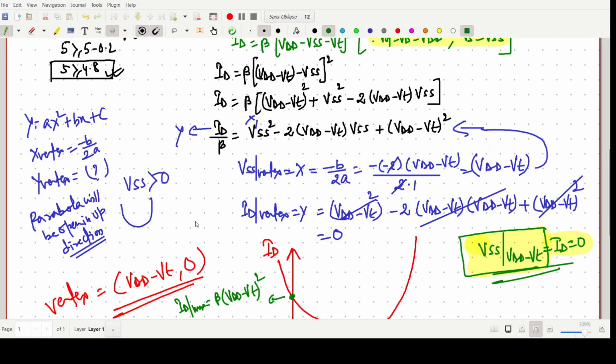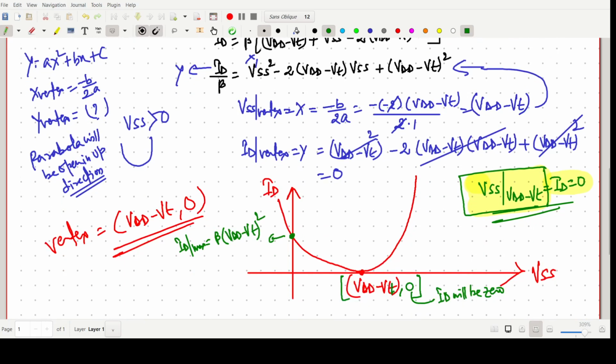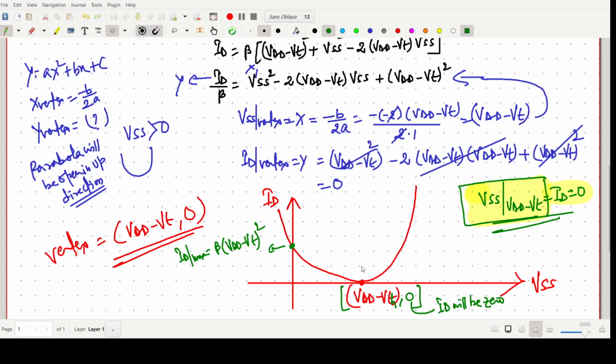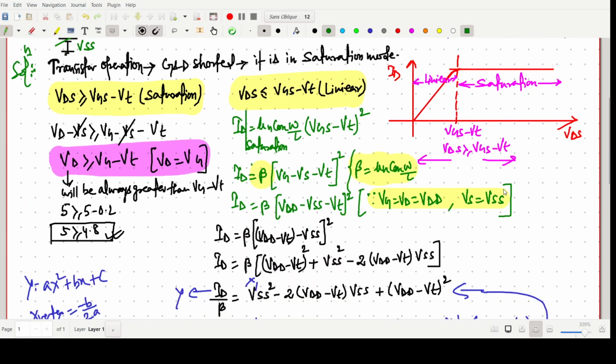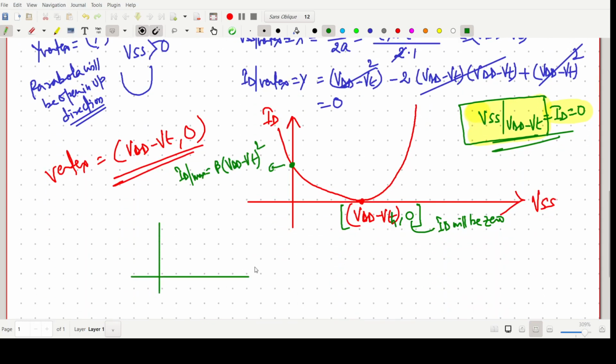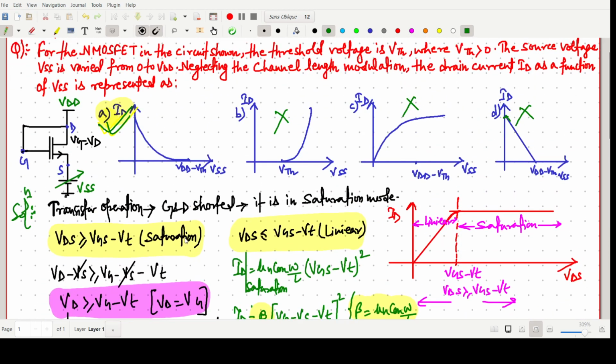This one will be wrong, this one will also be wrong, and this one is also wrong, because the response will not be linear. It is parabolic, but in the options it is given differently. So the correct answer for this one will be option number A.